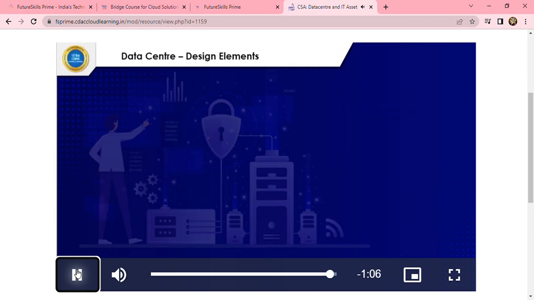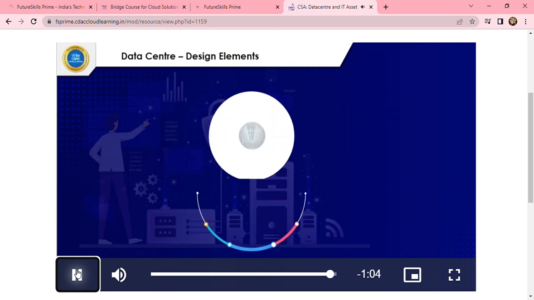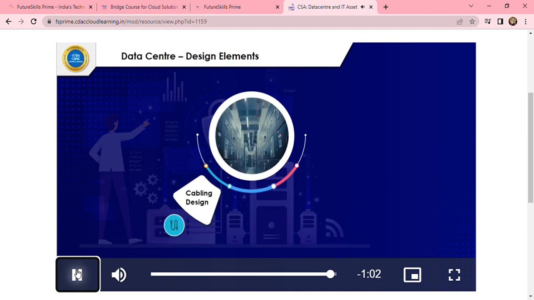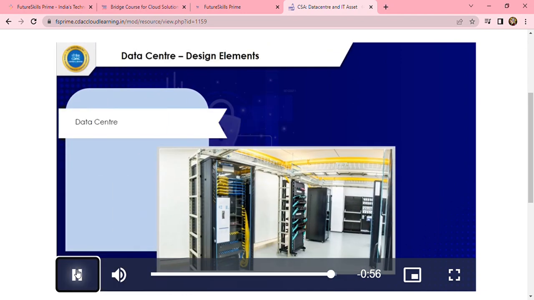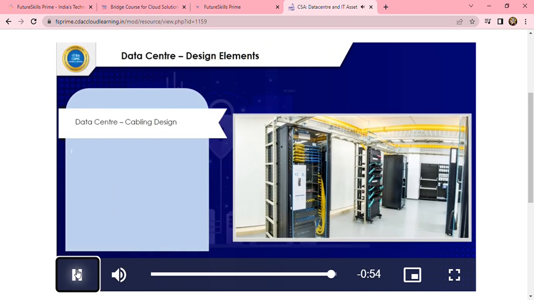Data center design elements: cabling design, facility design, network design. Data center cabling design: copper and fiber cabling performance, connectors, cables, distribution hardware, cabling distances, space management.